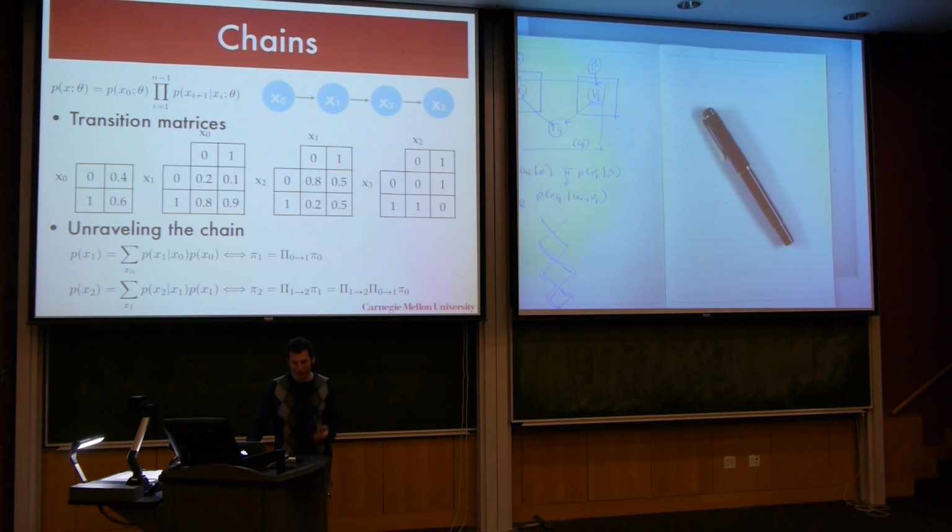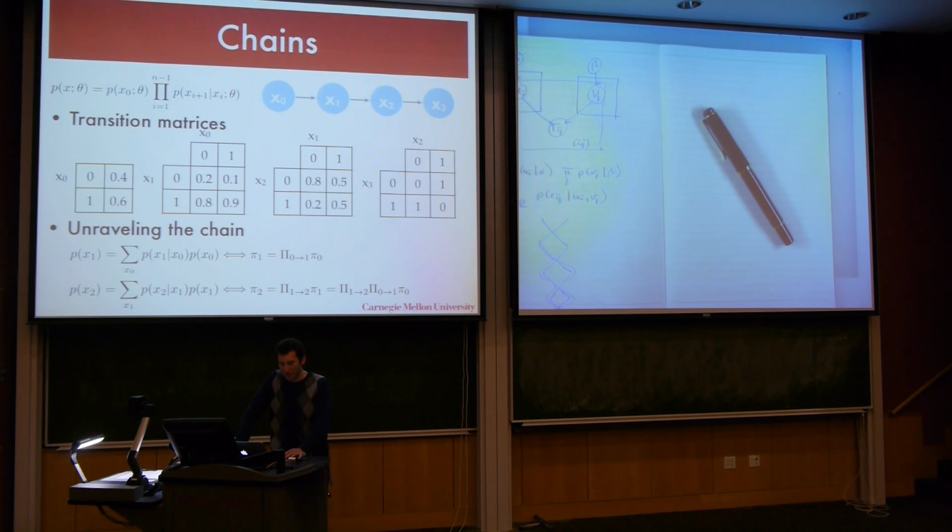Okay, so remember we looked at directed graphical models, and the simplest one that you can come up with is a chain. A chain is basically just variables x0, x1, x2, x3, and so on. I could have something like the initial distribution of x0 is 0 with 40% and 1 with 60% probability.